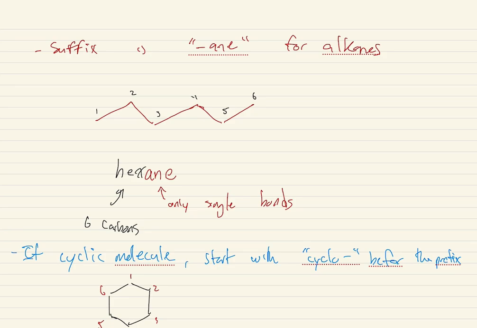So the prefix, we add cyclo because it's a cyclic molecule, meaning it forms a closed loop, right? Cyclic means forms a closed loop. There's 6 carbons, so we put hex, and are there any double or triple bonds? Nope, so that becomes ane.